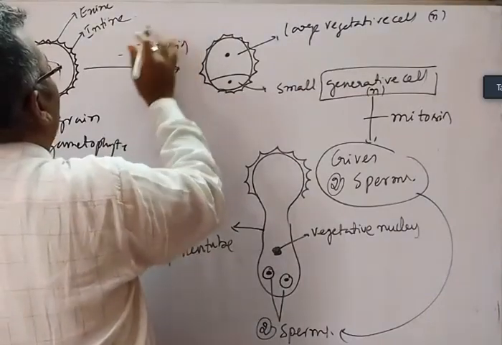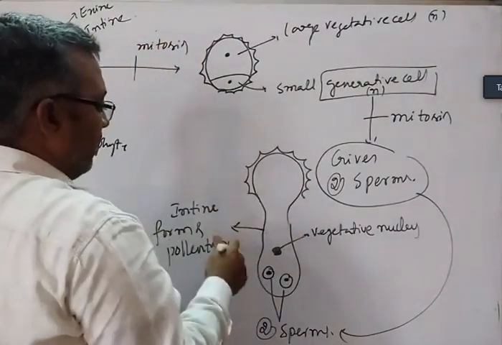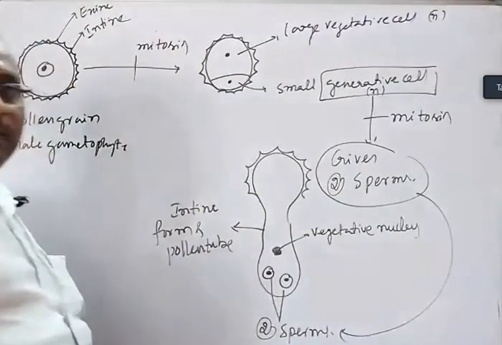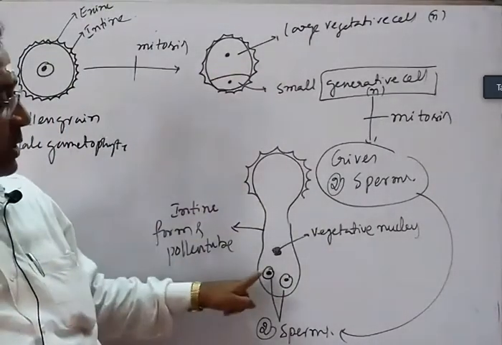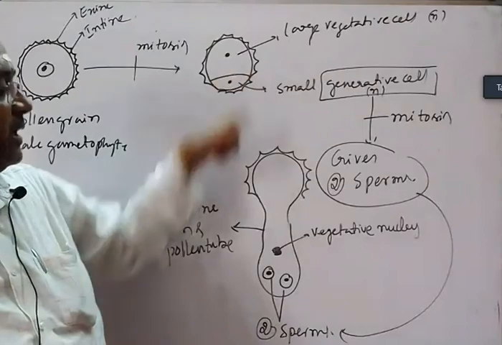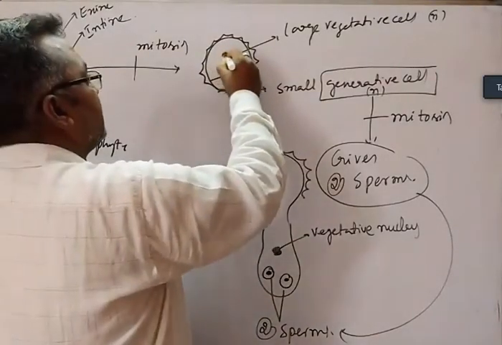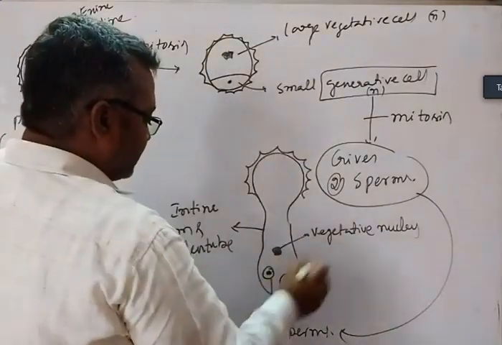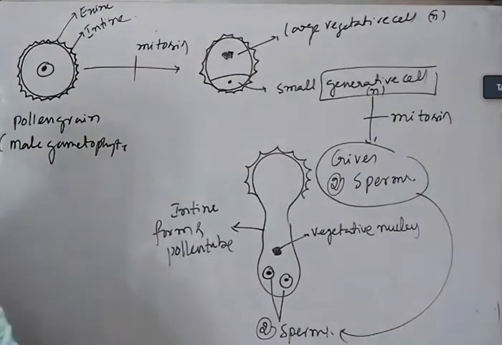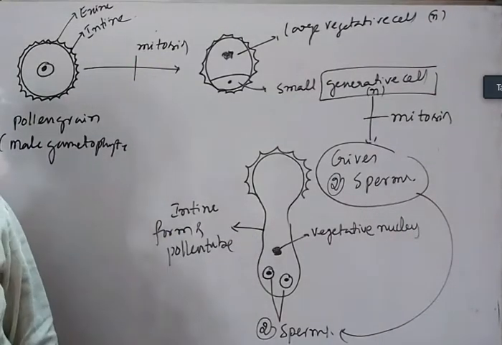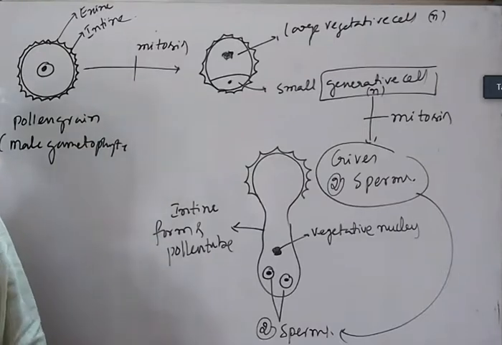Exine means outer wall. Now this inner wall forms a pollen tube. Now into the pollen tube, the two sperms and this vegetative nucleus are all transferred into the pollen tube tip. This is what happens. This process, like formation of pollen tube and formation of these two sperms, usually occurs after the pollination.